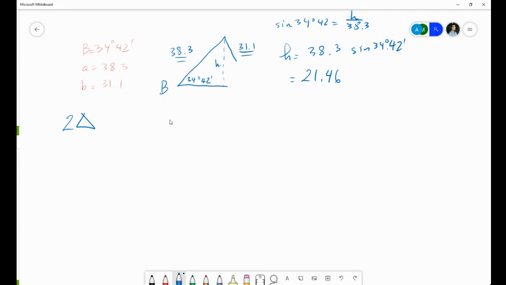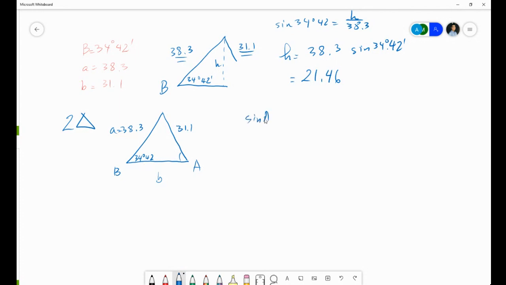Okay, so let's do the one that opens outward first. Let's label that. Now that means this one here is A. So let's find out what angle A is equal to.